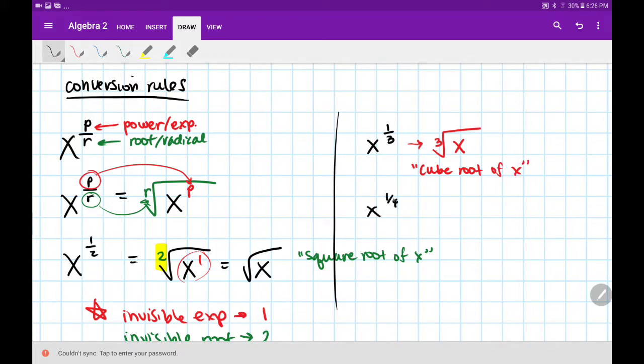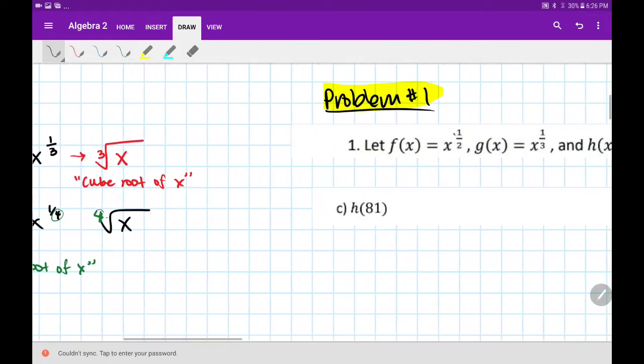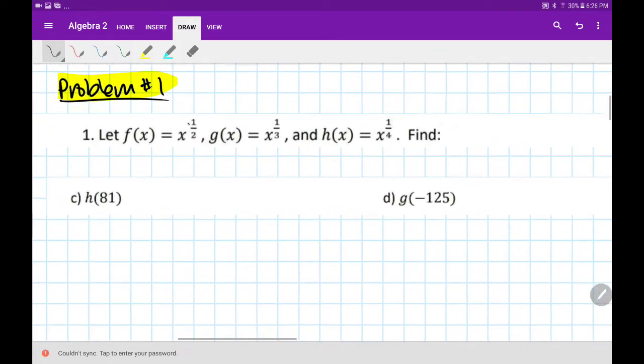Similarly, if I have x to the 1/4, can you guess what goes out here? If you said 4, you'd be right, because this would be the 4th root of x to the 1, or just the 4th root of x. Okay, so I hope that you feel a little more comfortable with our conversion rules. Let's jump into our first problem.